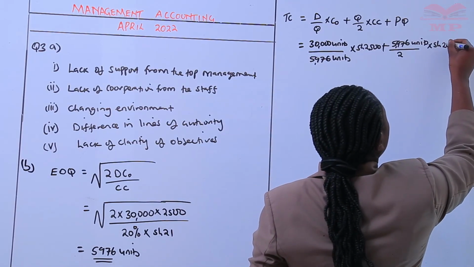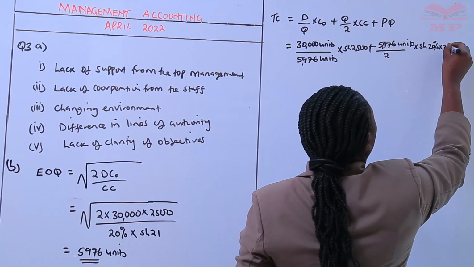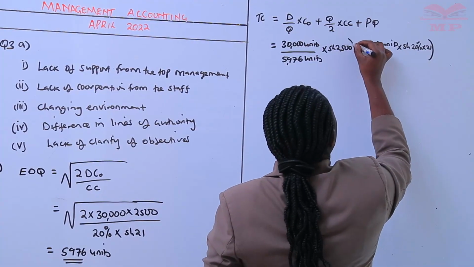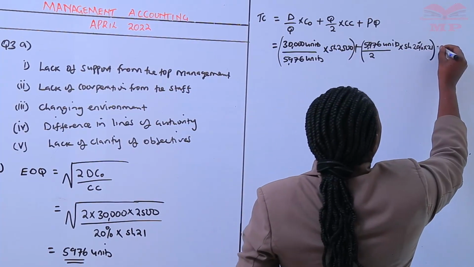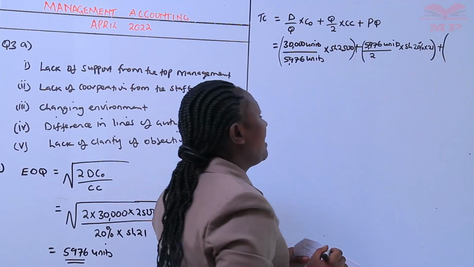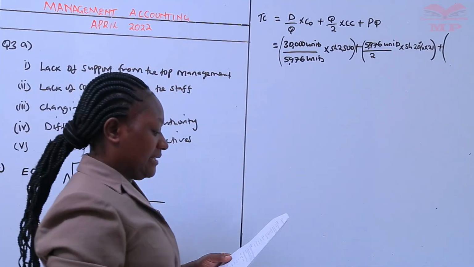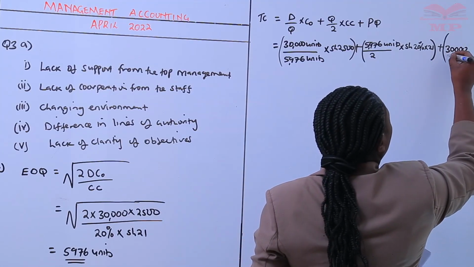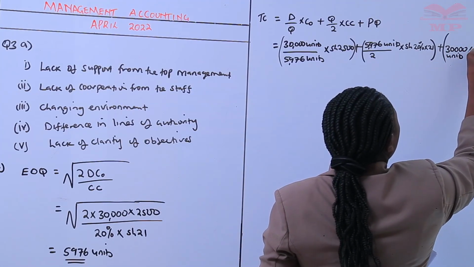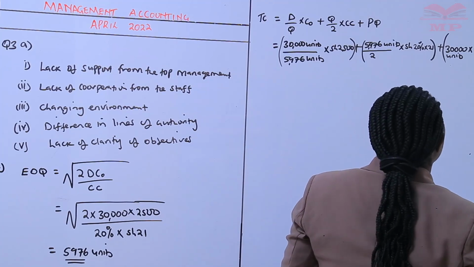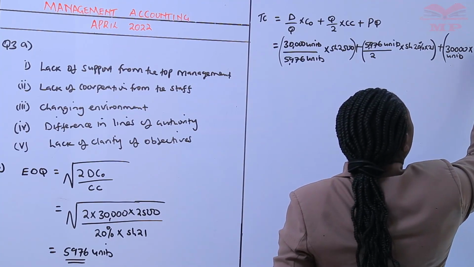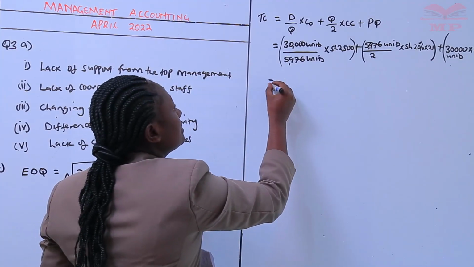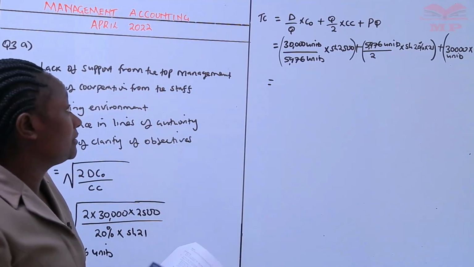So this is 20% of 21. Plus the purchase cost: annual demand, which is 30,000 units, multiplied by the price per unit, and the original price is 21. Then we solve that.